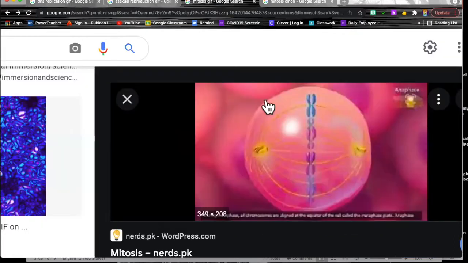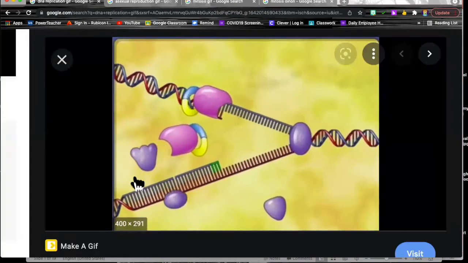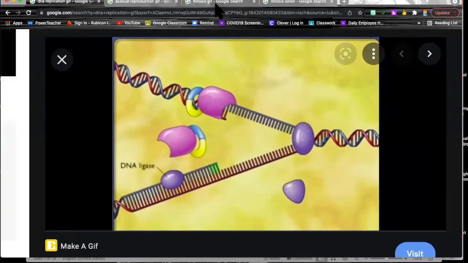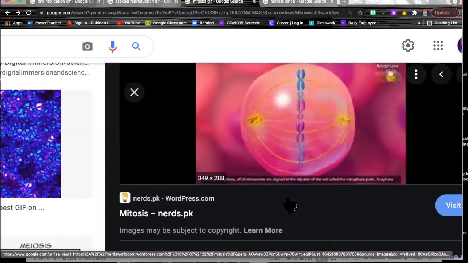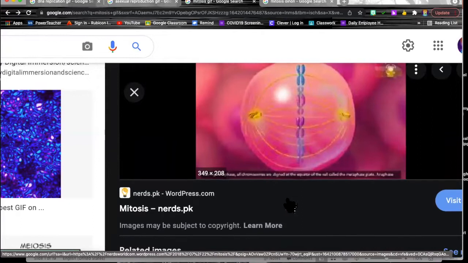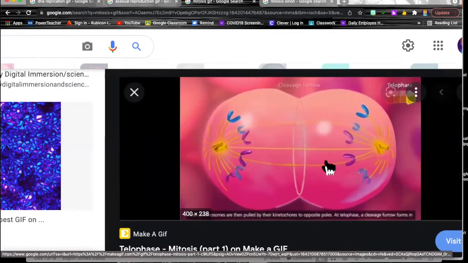And our chromosomes, notice here that they are together. We have the one side and the other side, the two copies, still right next to each other. And each chromosome is lined up down the middle of the cell. For us, we are going to have to very carefully separate them out and pull them across from the middle to the other ends, where each end is going to become its own cell.